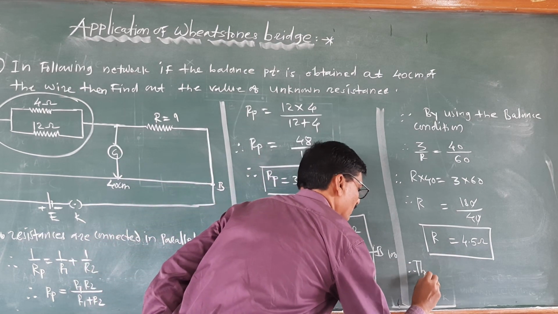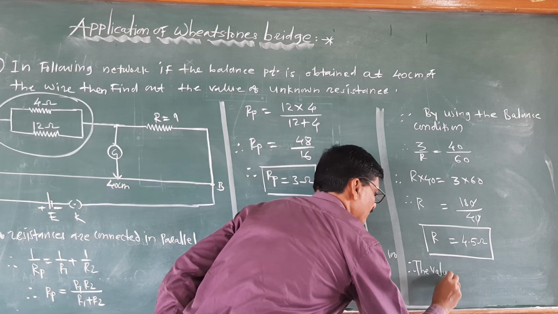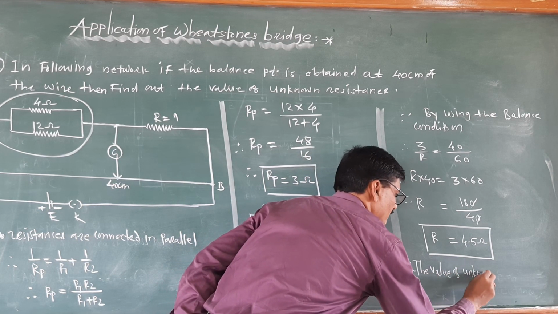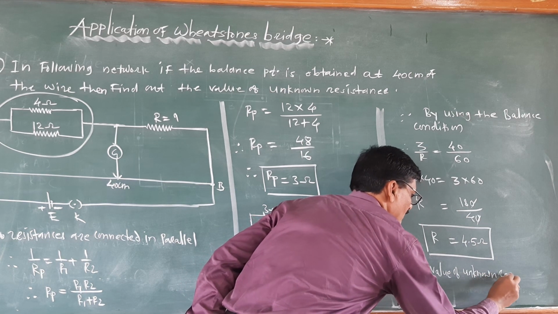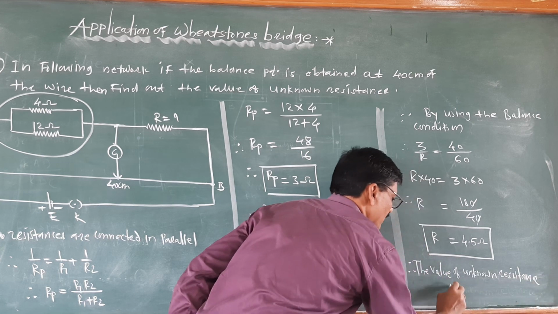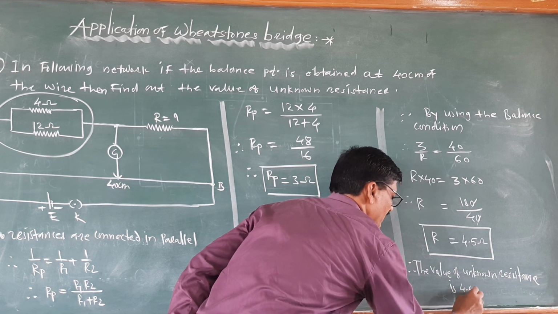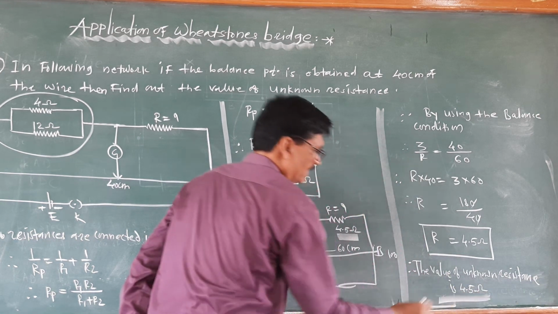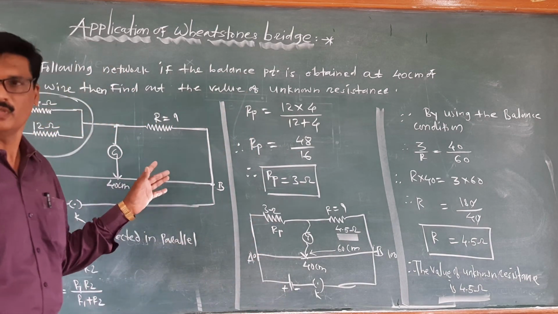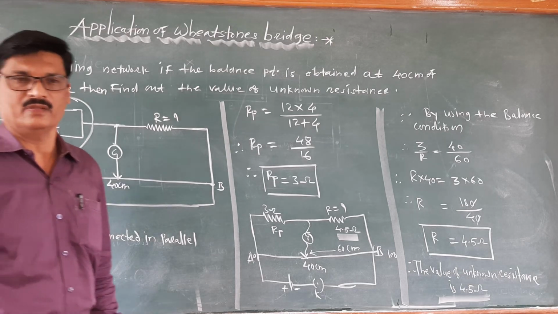Therefore, the value of the unknown resistance is 4.5 ohm. In this way, a number of examples are solved by using this formula. Okay, thank you.